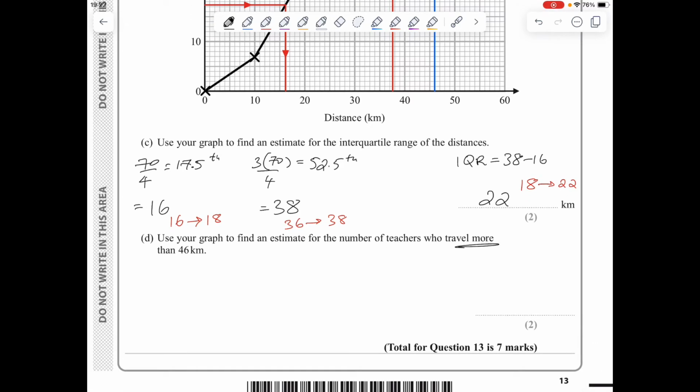I want more than 46. So it's my total 70 minus 62, which gives me an answer of 8. Note that the mark scheme accepts a value here, a reading of 61 up to 64. So a value between 6 and 9, but it has to be an integer.